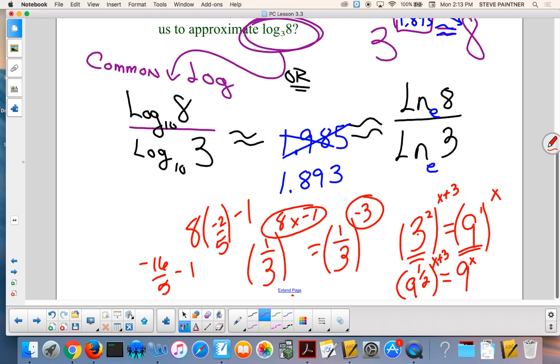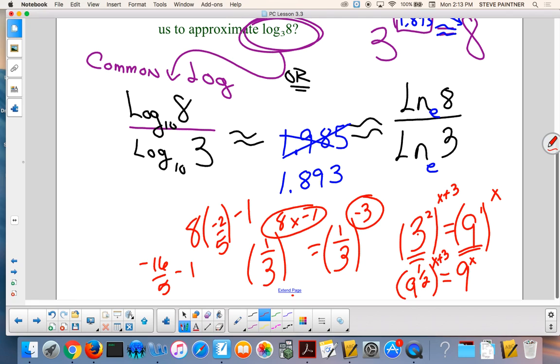It's negative log of x plus 2. Well, it's log of x base 3 plus 2. Now, when you solve log equations, you're going to learn this tomorrow, I think, or maybe Wednesday. What do we have to do?